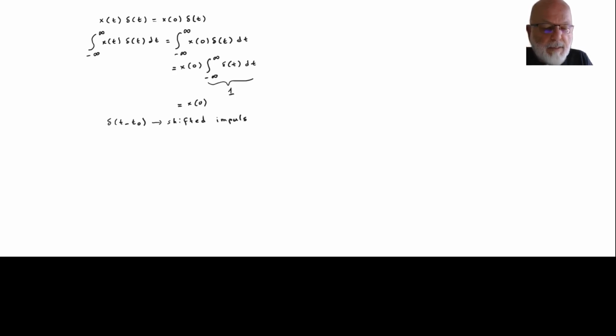It is the impulse signal shifted by amount t0. So the graphical representation for the shifted impulse will be the following. Here we have the impulse. Now the impulse strikes at t equal to t0, and again the strength of the impulse is equal to 1.